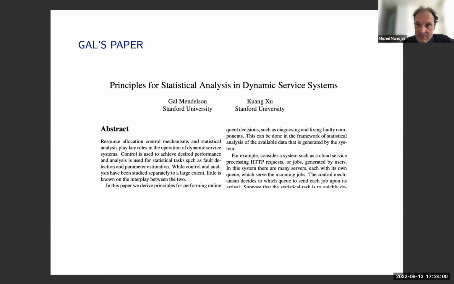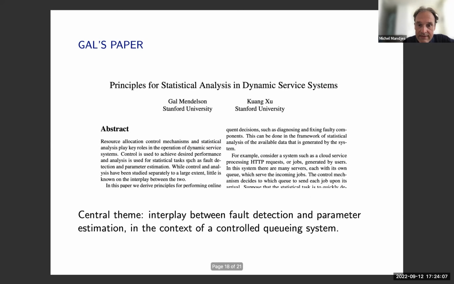So let us focus on what Gal has been doing. The interesting feature is really that he looks at the interplay between fault detection and estimation. That is a subtle point that I'm not sure was overlooked in the past, but it didn't get much attention.